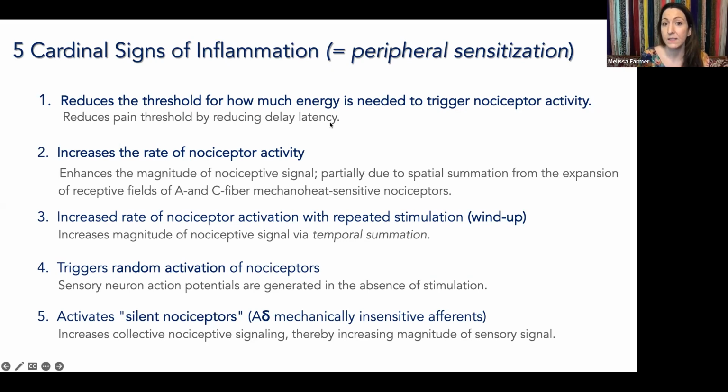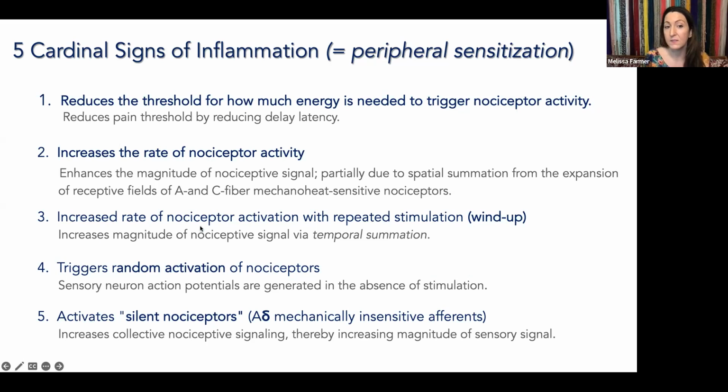What that does is that can result in allodynia, meaning that the same amount of information triggers more of a response. Therefore, you get pain to normal, innocuous levels of stimulation. It also increases the rate of nociceptor activity. And it does this in a number of really interesting ways, but let's just keep it at that.